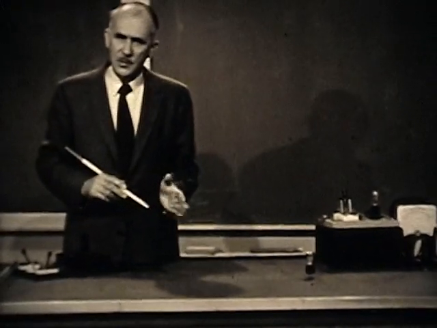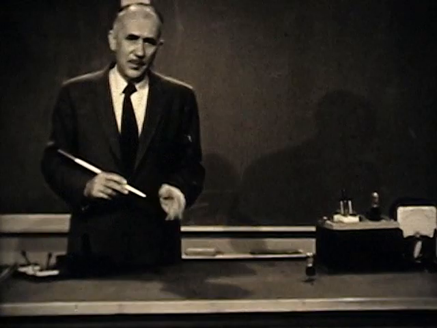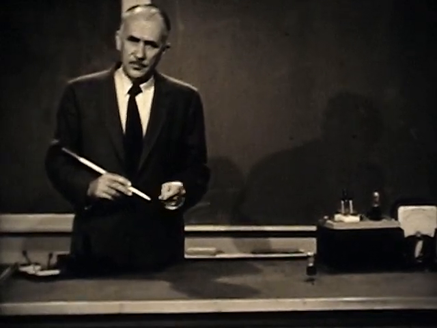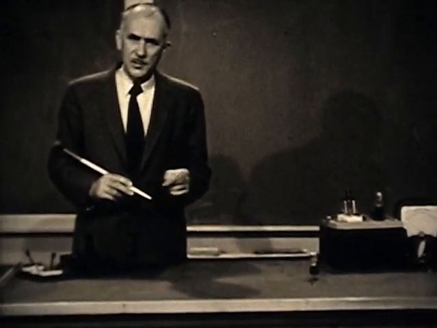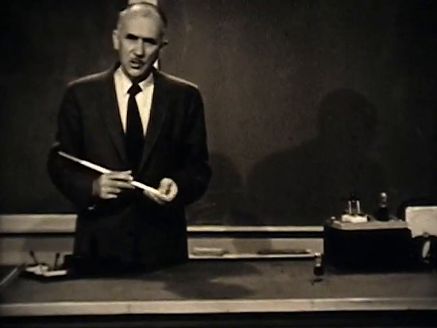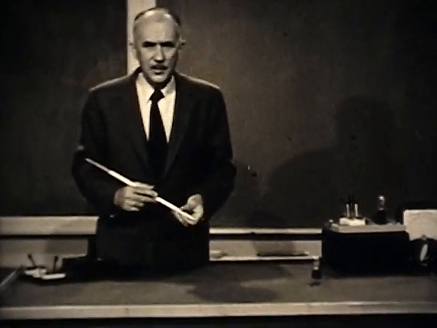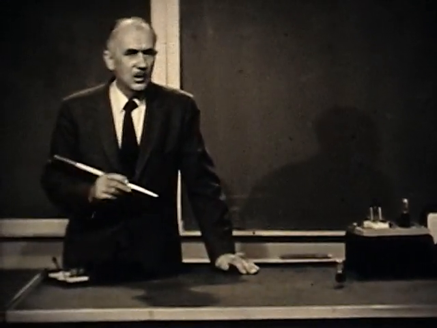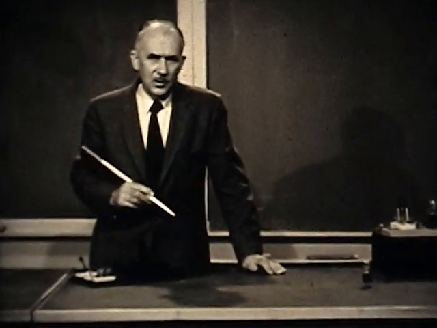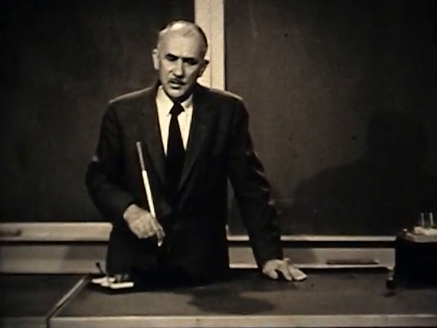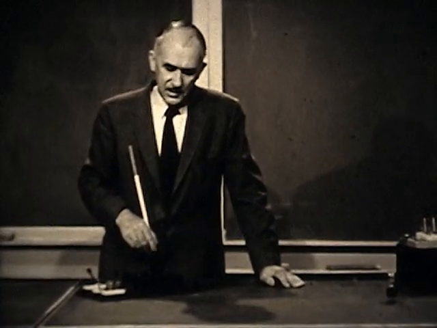Make the current stronger and make it operate, say, an electric relay, a little switch that closes and opens. And then that switch that closes and opens can be made to operate anything. You can open your garage door or open the door in front of the store. There are thousands of applications of such photoelectric cells as this.